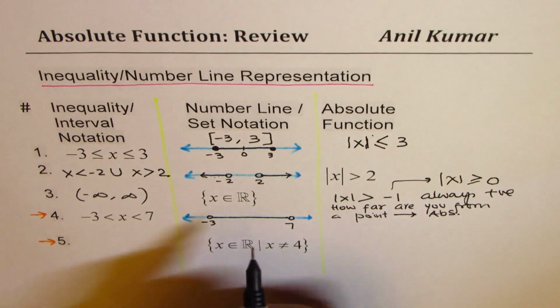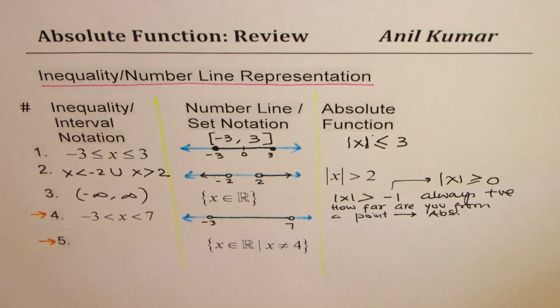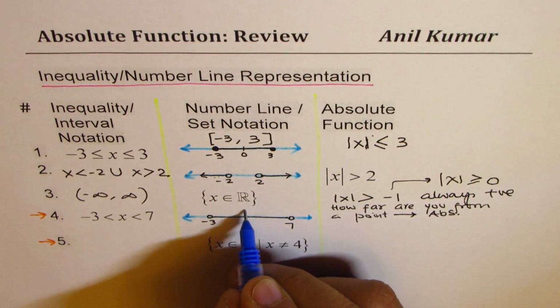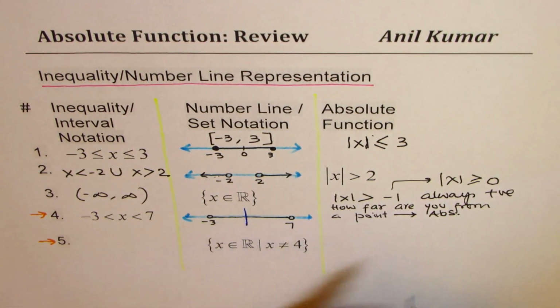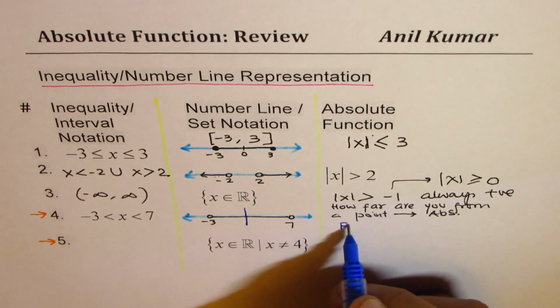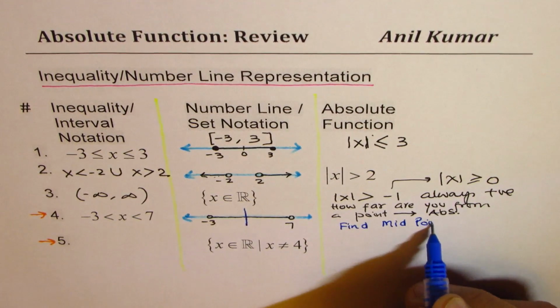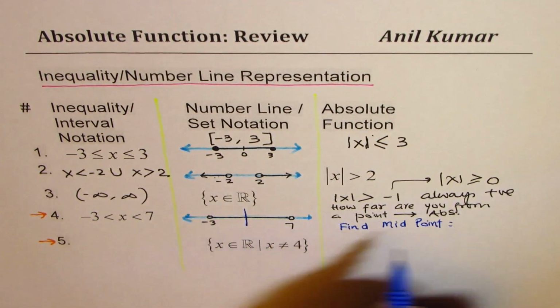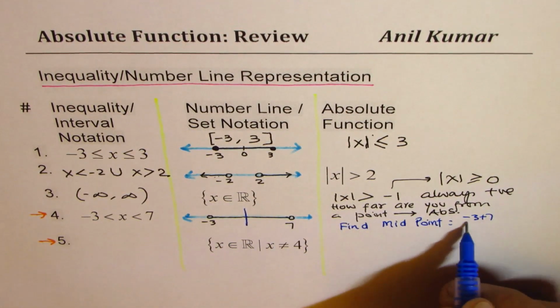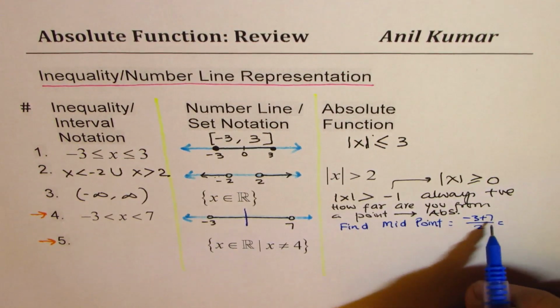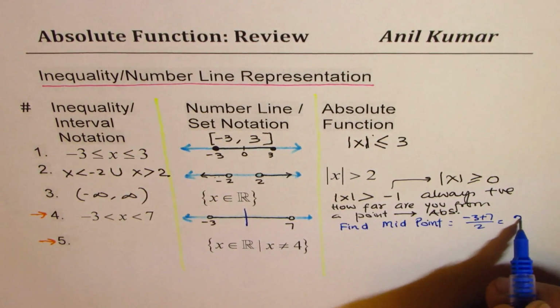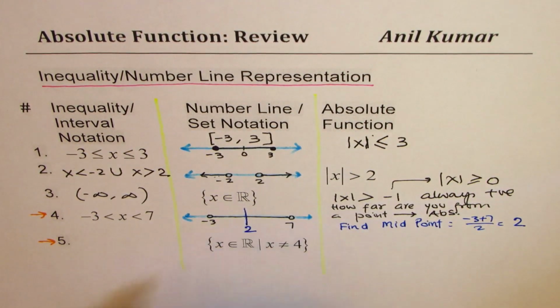So how do you find? You find the midpoint of this. So what we do here is find midpoint. This is first step. So midpoint here is add them up, minus 3 plus 7 divided by 2. That is 4 divided by 2 is 2. So the midpoint is at 2.